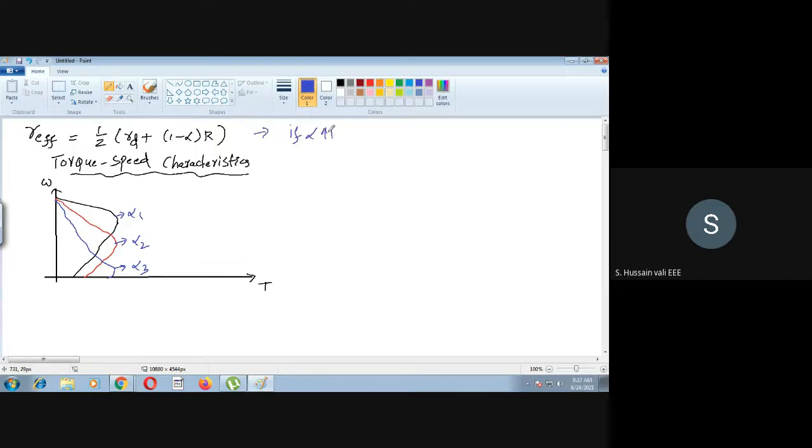If alpha increases, the R effective will decrease, because you take the value of alpha from 0 to 1. So you increase the value of alpha, then this difference will decrease, so the total resistance will decrease. This is the logic here. Or you decrease the value of alpha, then R effective will increase.